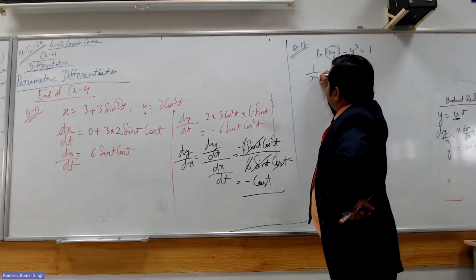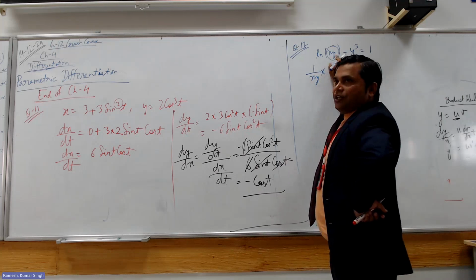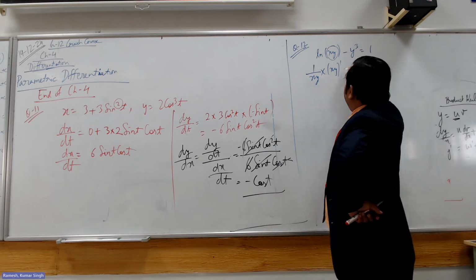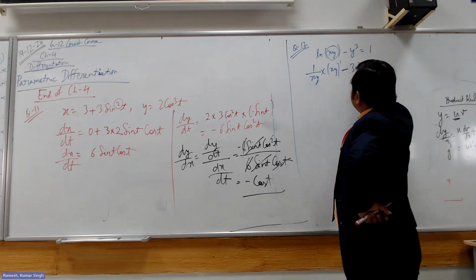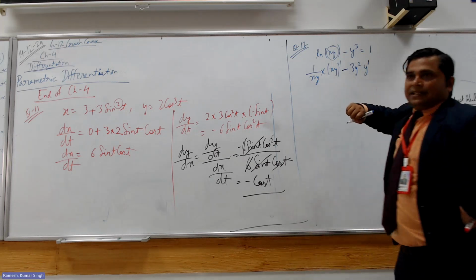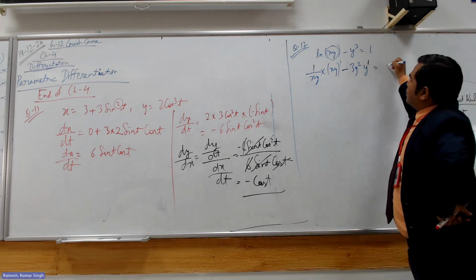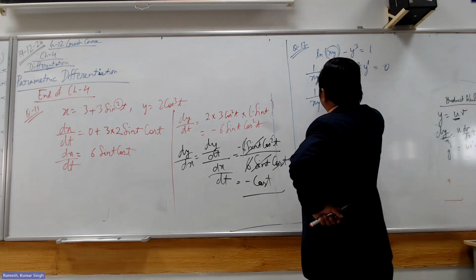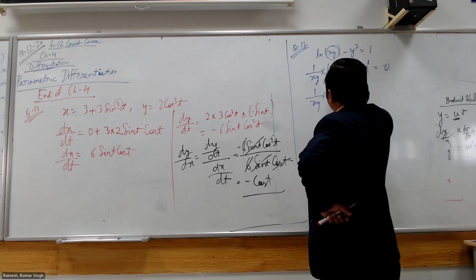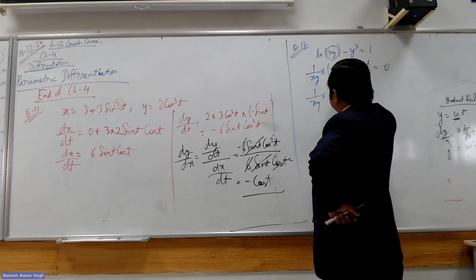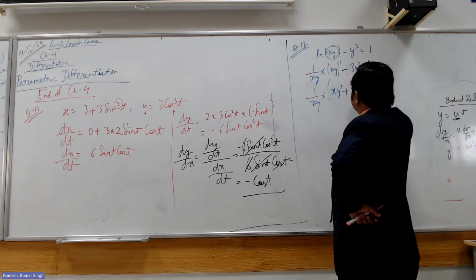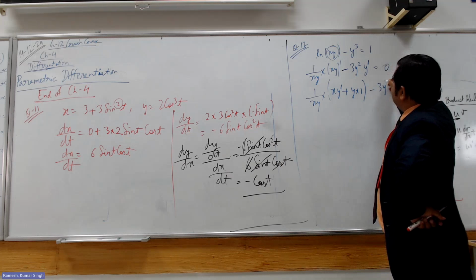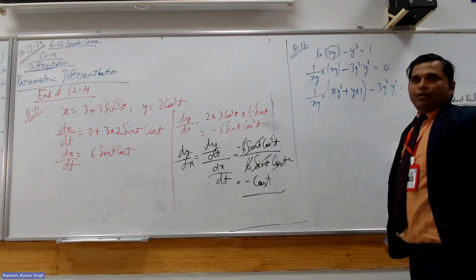So it will be 1 over xy times differentiation of xy, minus differentiation of y cube, which is 3y squared dy over dx, y dash. Differentiation of 1 is 0. So 1 over xy times (x y dash plus y times 1) minus 3y square y dash equal to 0.